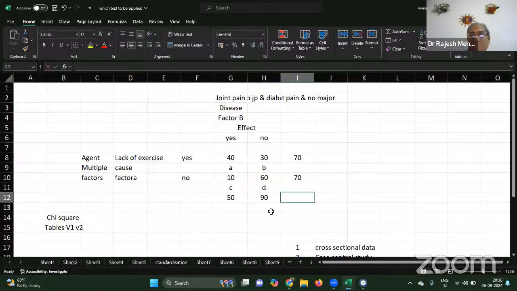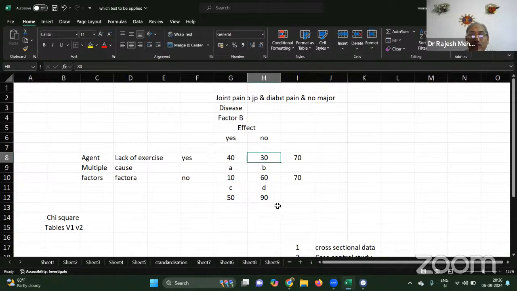So in case control study, we don't look at this data. We look at only this data, 50 and 90. How much were exposed here and how much were exposed over here. That we are going to compare.